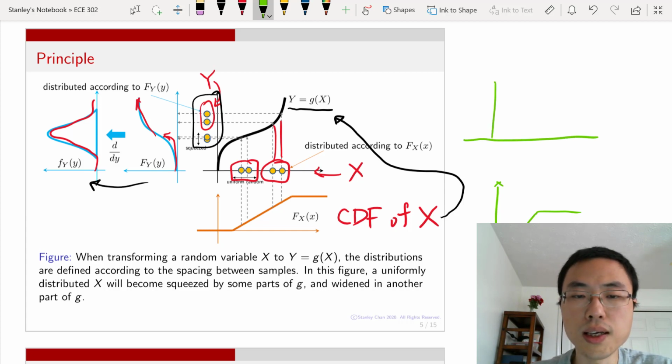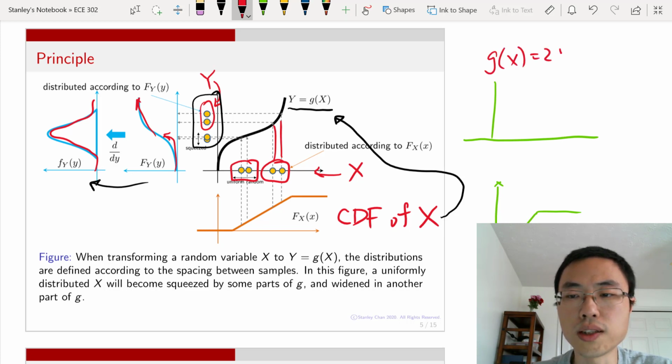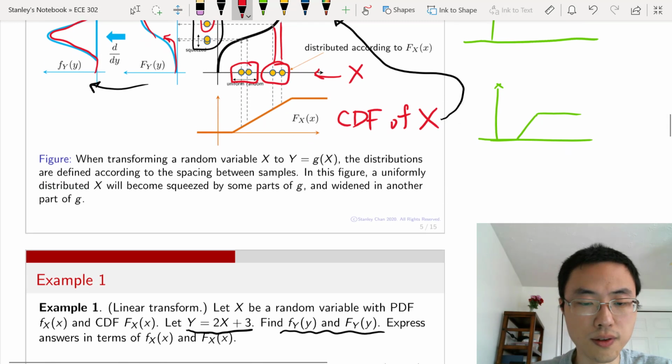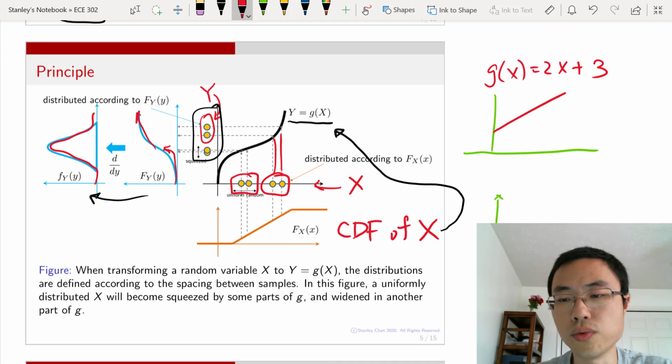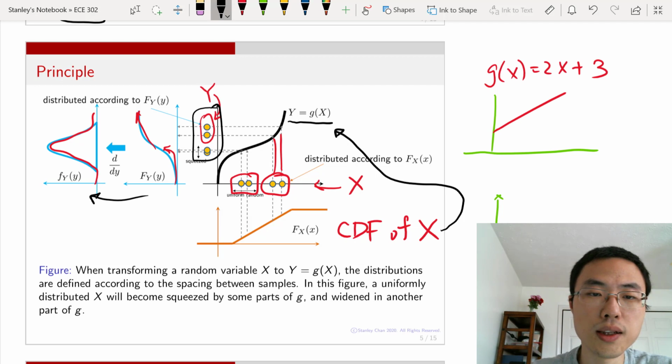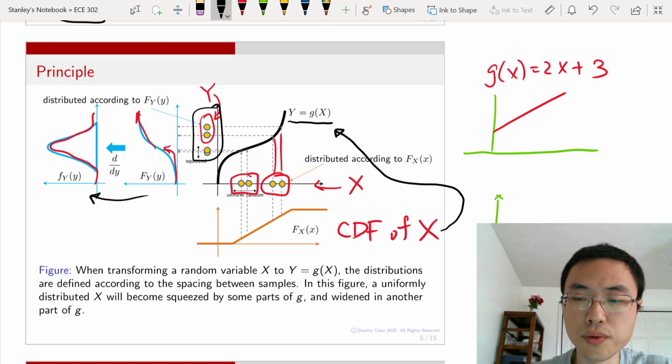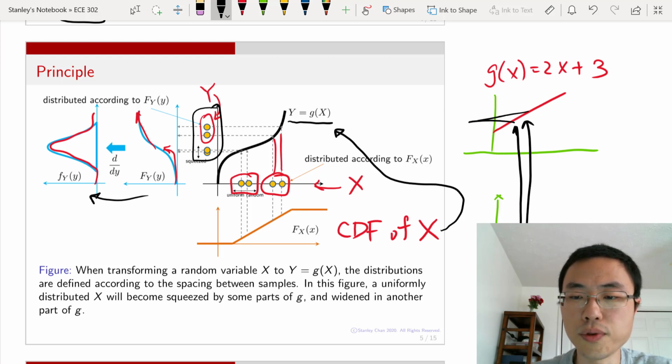Anyway, there is a transformation which says that g of x equals 2x plus, is it 3? Okay, so that's 3. So you can draw a curve like this. All right, and then after this transformation, what will happen? Well, you have these samples go up, these samples go up. Here you don't have any samples, right? So you will have these samples go up.